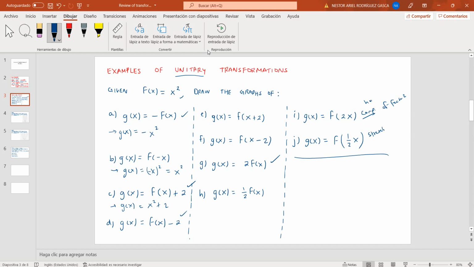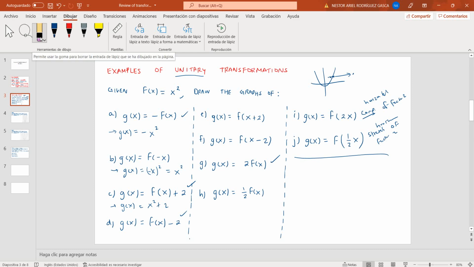By the way, we're talking horizontal compression of factor 2, and this is going to be a horizontal stretch of factor 2. It's the same idea, but now instead of applying the transformation on the y coordinates of these points, it's going to be on the x coordinates. So this point will be moved either in this direction in the case of a stretch, or in this direction in the case of a compression. But it's exactly the same idea.